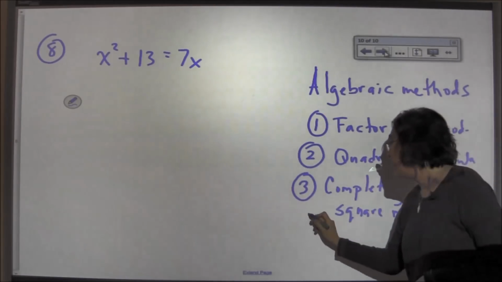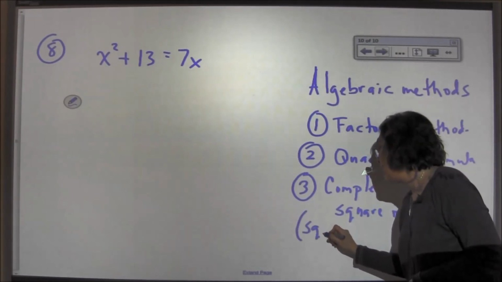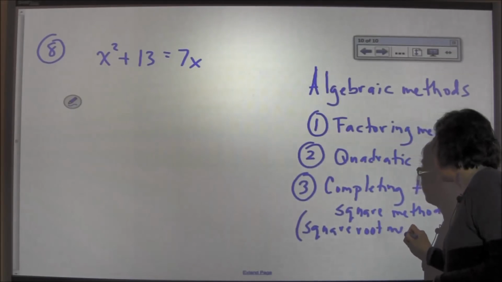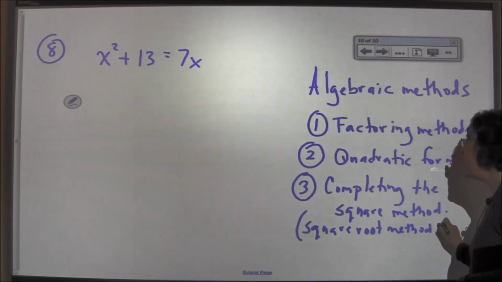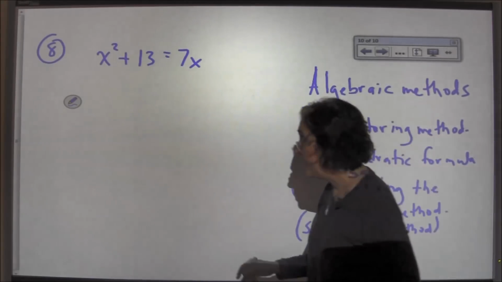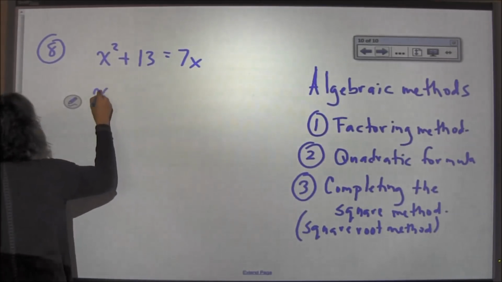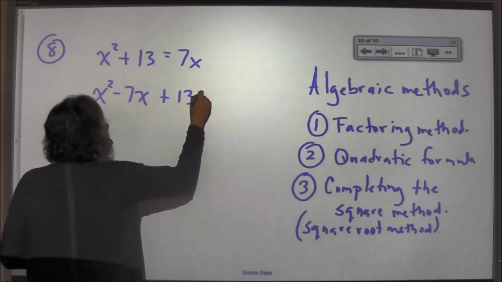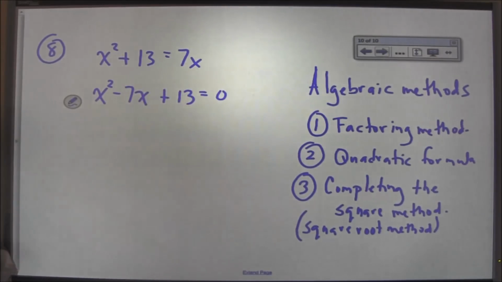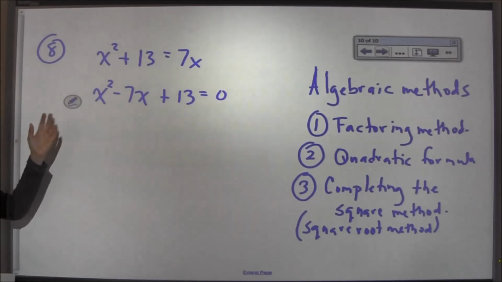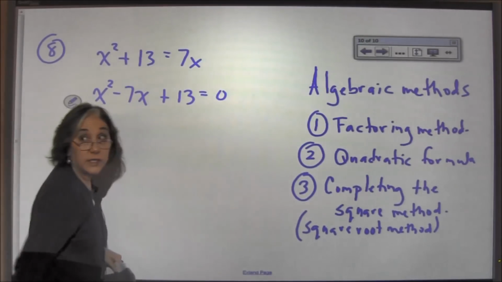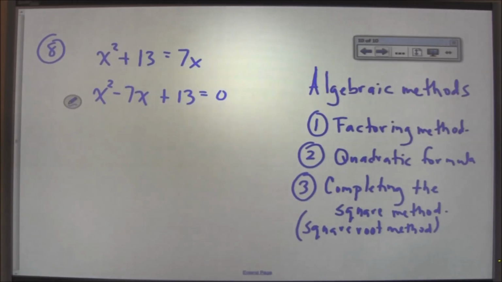Sometimes the square root method works, but it wouldn't on this one because we have an x term. We'd have to complete the square. So I'm going to get 0 on one side by subtracting the 7x from both sides. And then this doesn't factor, so I'm going to go on to the second possible way of solving it algebraically.